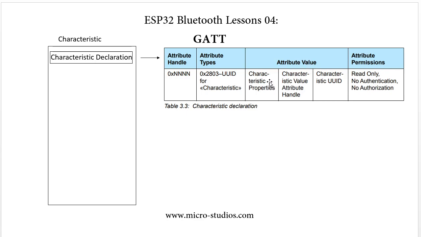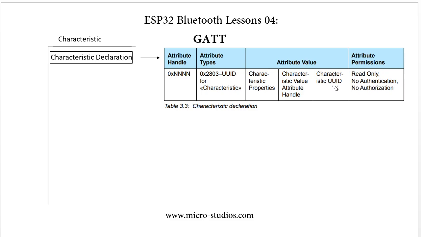It includes 3 parts. The first one is property, the second one is value attribute handle, and the last one is the characteristic UUID.